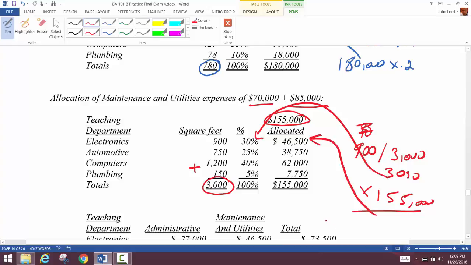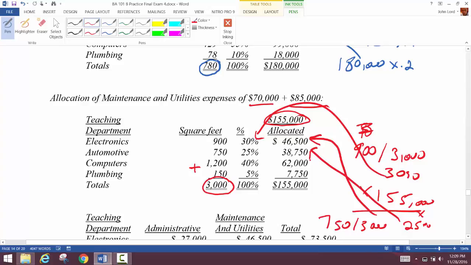And then I do the 750 divided by the 3,000, and I get 25%? And I multiply that times the 155,000 total there, and that should give me this 38,750, right?